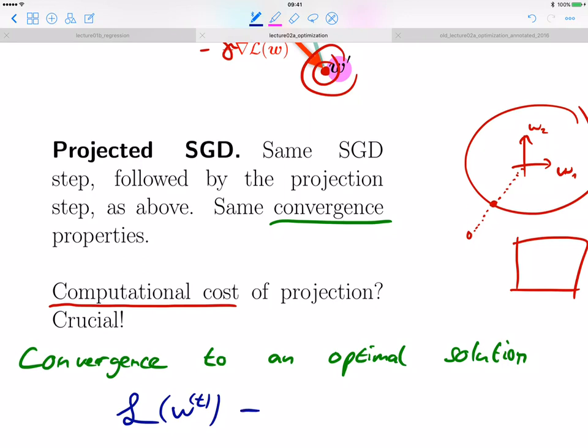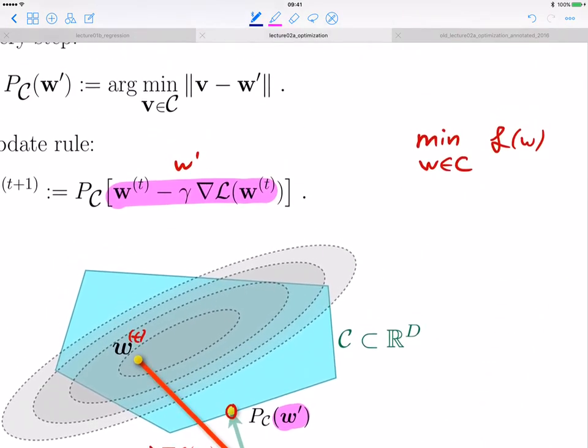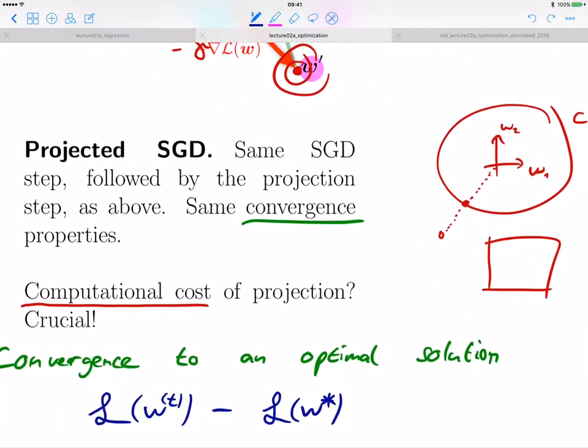It should go down to the lowest possible value, which is the value at some optimal solution w star, where the minimum is attained. Now we look at how far our cost is from that, and that's what we mean by convergence.